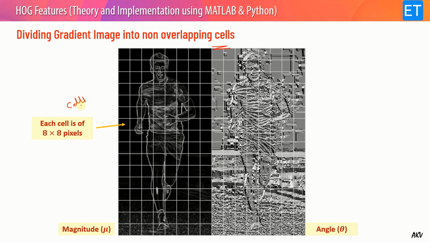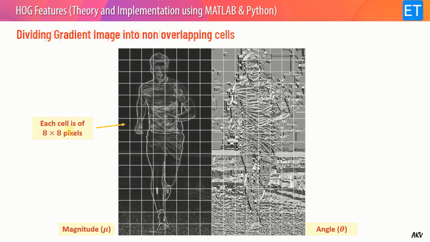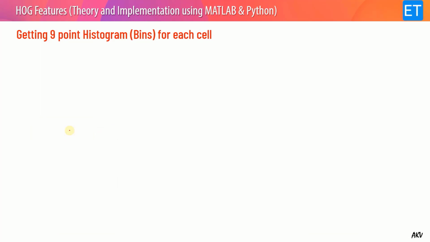Although we have the freedom to decide this size, for smaller images we can go to 4 by 4 or even 2 by 2 pixel cells, and for large images we can go to 16 by 16 or 32 by 32 pixel groups. That depends on the size of the image also. Later I will show you during the code execution, for different image sizes, the effect of different cell sizes.